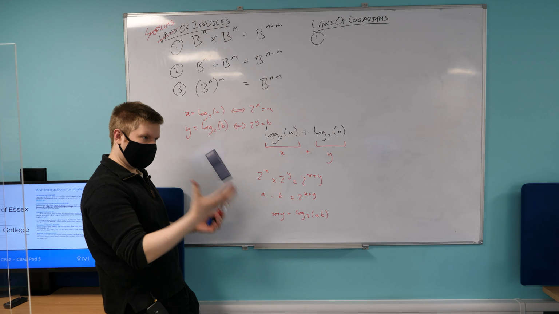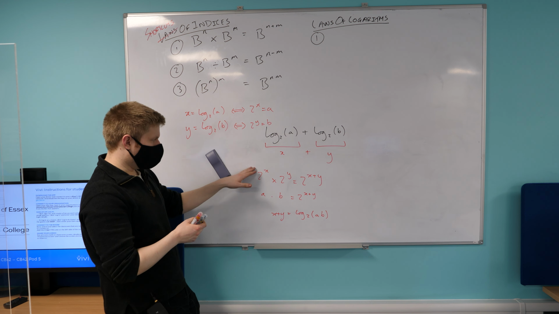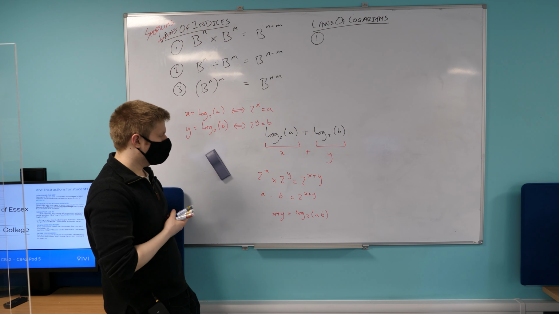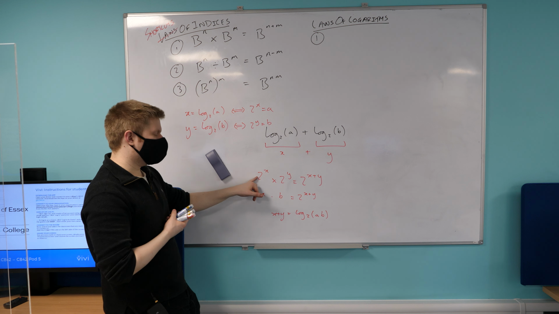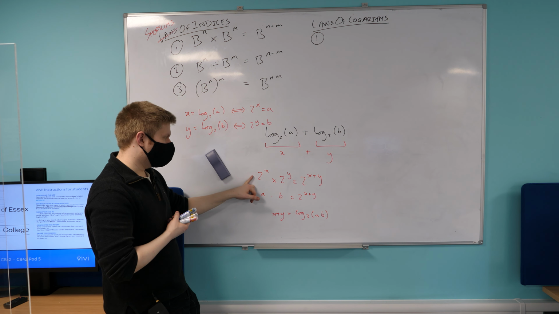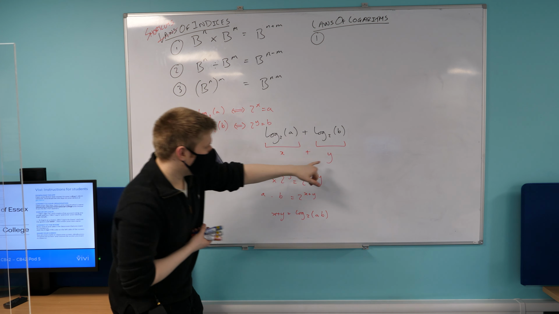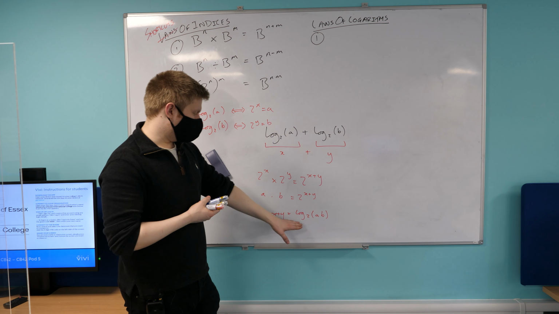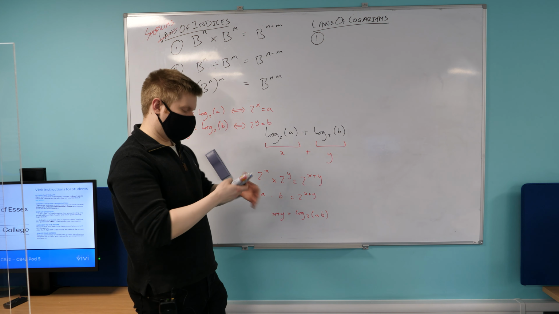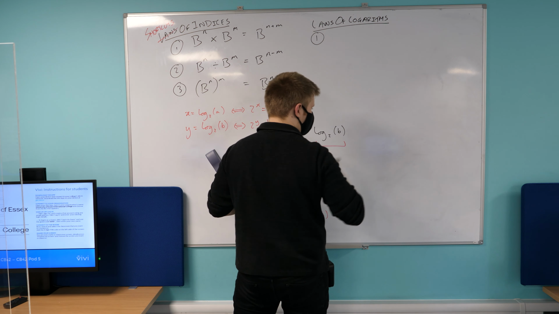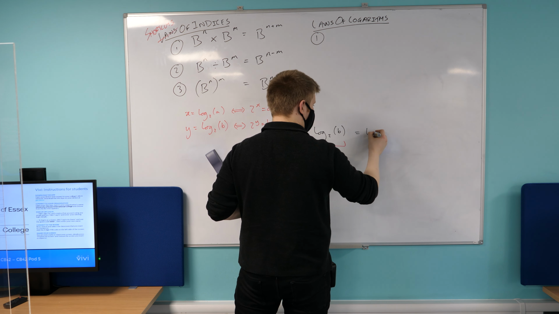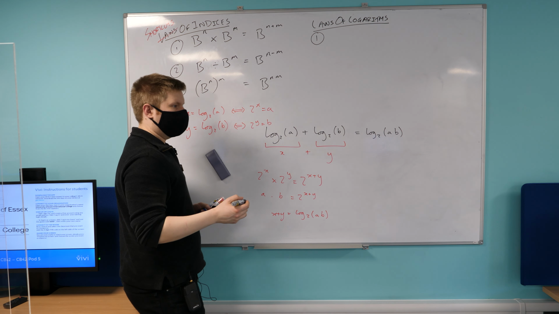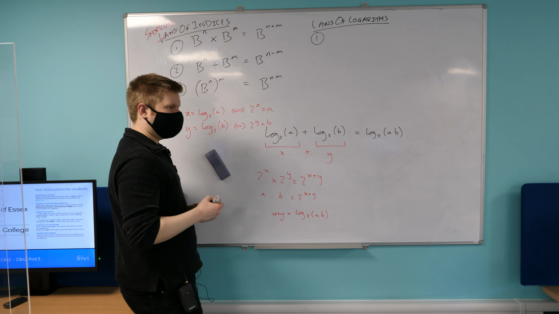This is exactly what I wanted. I've shown you that just by realizing I'm adding the powers together, using a law of indices, x plus y should be the same as log to the base 2 of ab. So this thing here should be log to the base 2 of a times b. Does that make sense how I've got there?